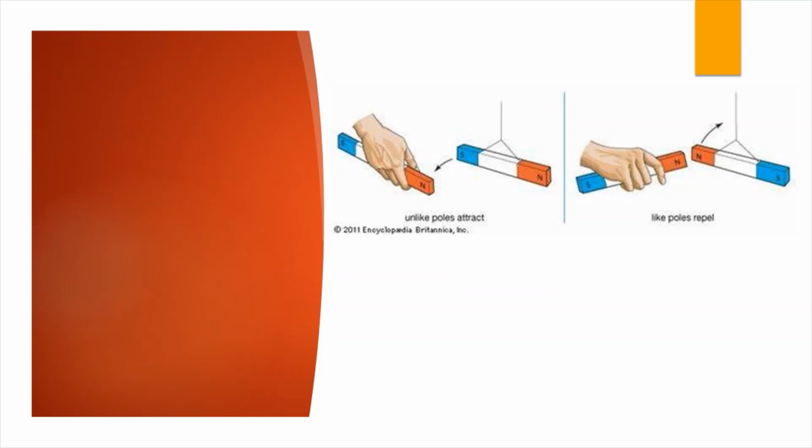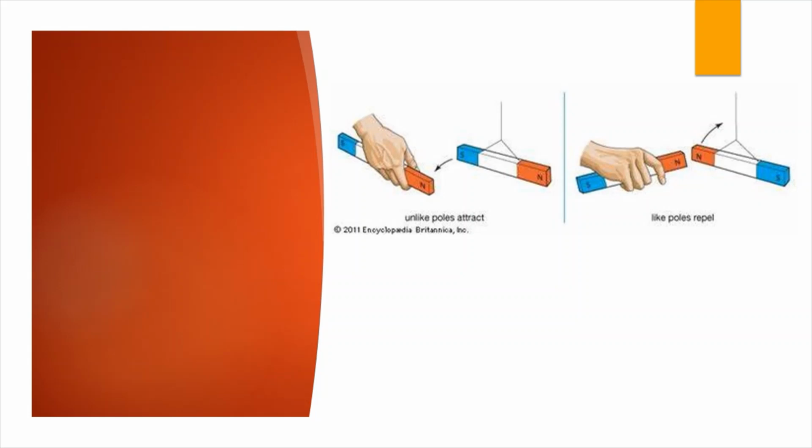On the other hand, as shown in figure 2, when the north pole of a bar magnet is brought closer to the north pole of the suspended bar magnet, the suspended bar magnet moves away from the north pole of the bar magnet.